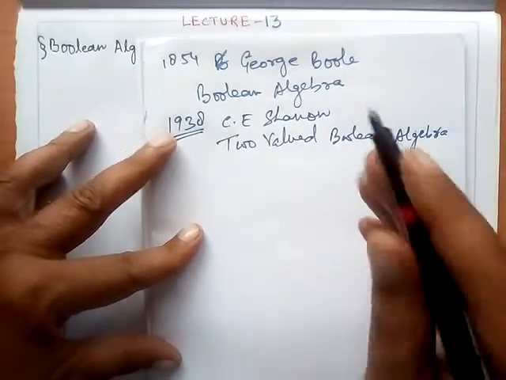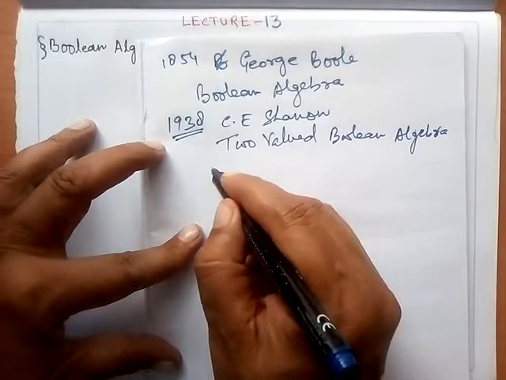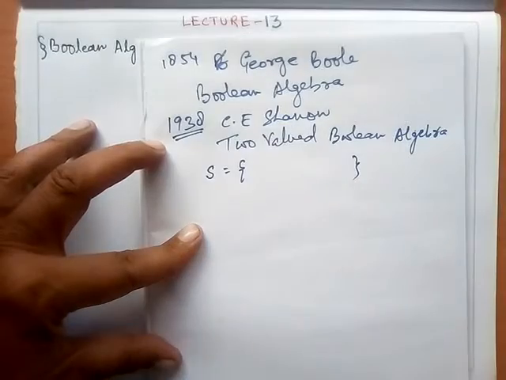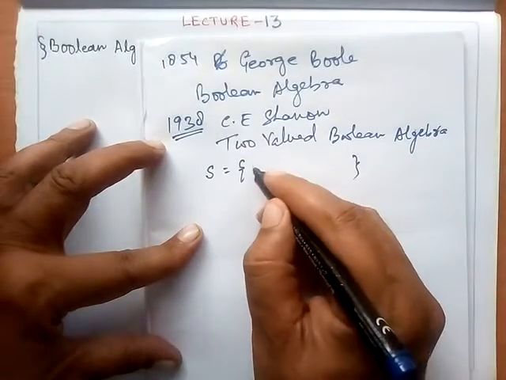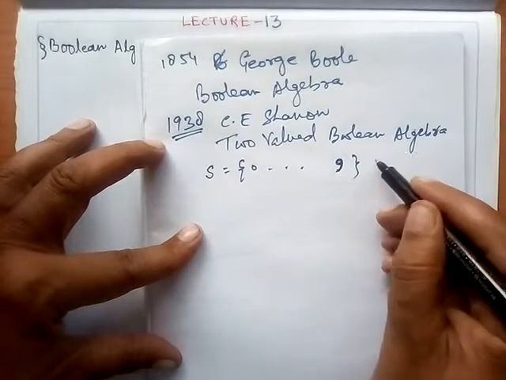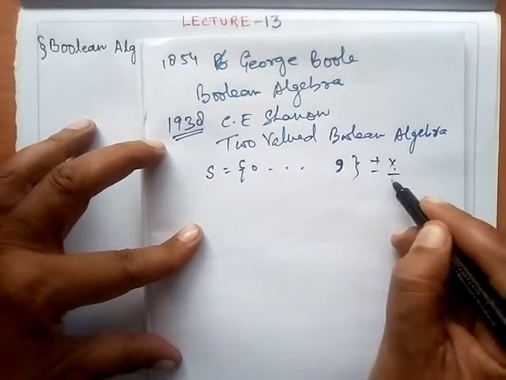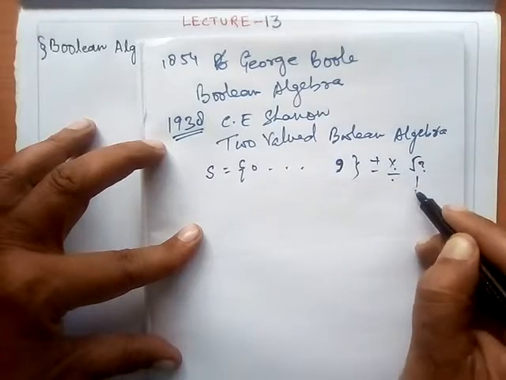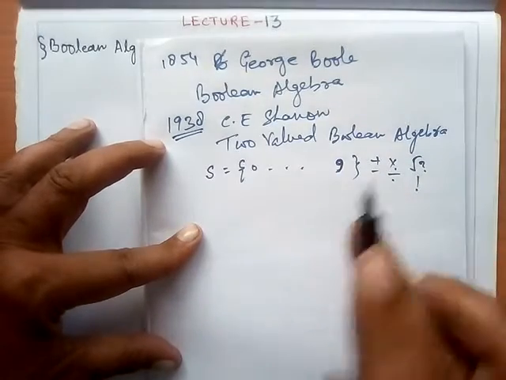Whenever I say any algebra, it means you have a sample space where you have some set of numbers. That is, in normal algebra you have numbers from 0 to 9 and you have certain operators. For example, you have plus, minus, multiply, divide, under root of any number, or the factorial of something, sine, cos, you have various functions.